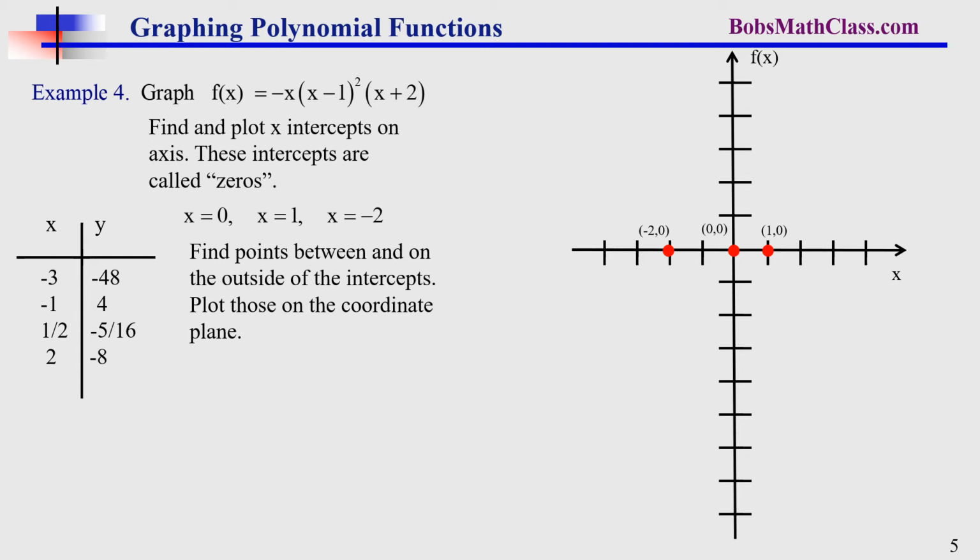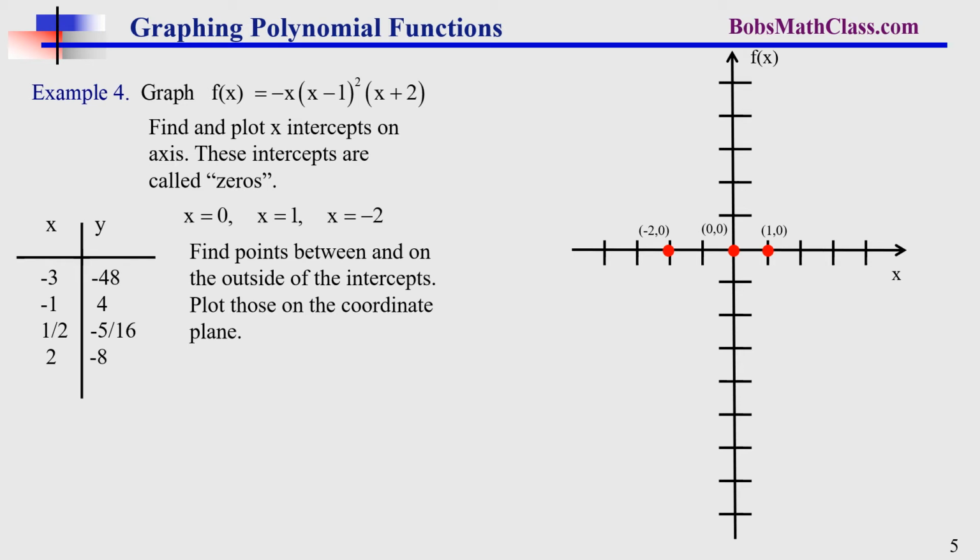So I wrote it as a fraction, -5/16. On your calculator it'll be -0.3125, but I just wrote it as a fraction. All right, let's plot those points.